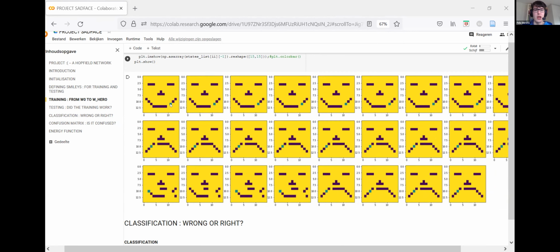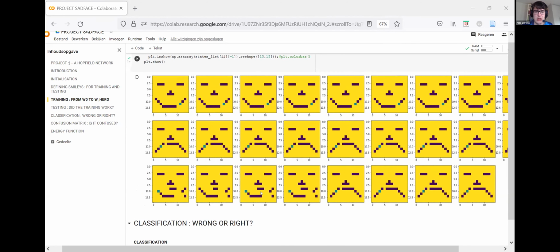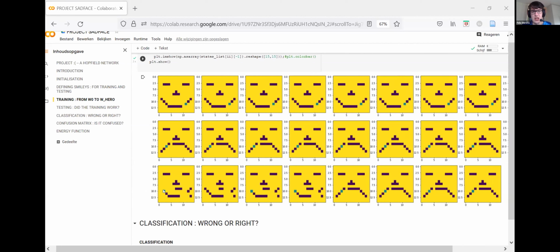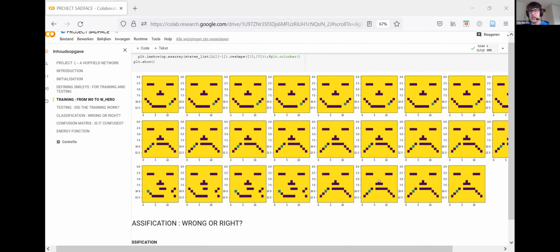So the green is actually a 0. And if it disappears, the network decided, okay, this is a 1 or this is a -1. For example, here you can see this is a green one, and then it turns into a 1. But sometimes it just can't figure it out and it stays a 0. And we see that because we've coded it with only 1s and -1s because Hopfield.